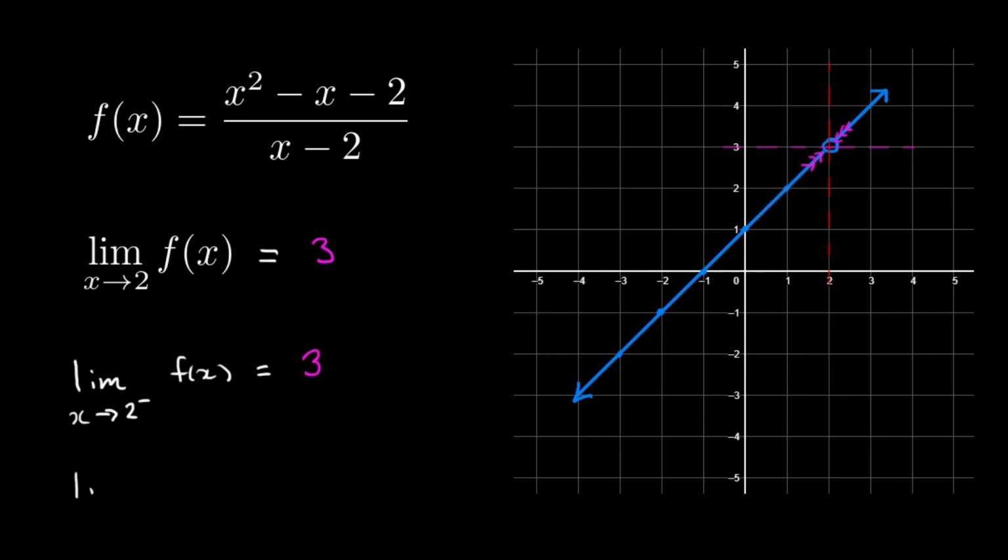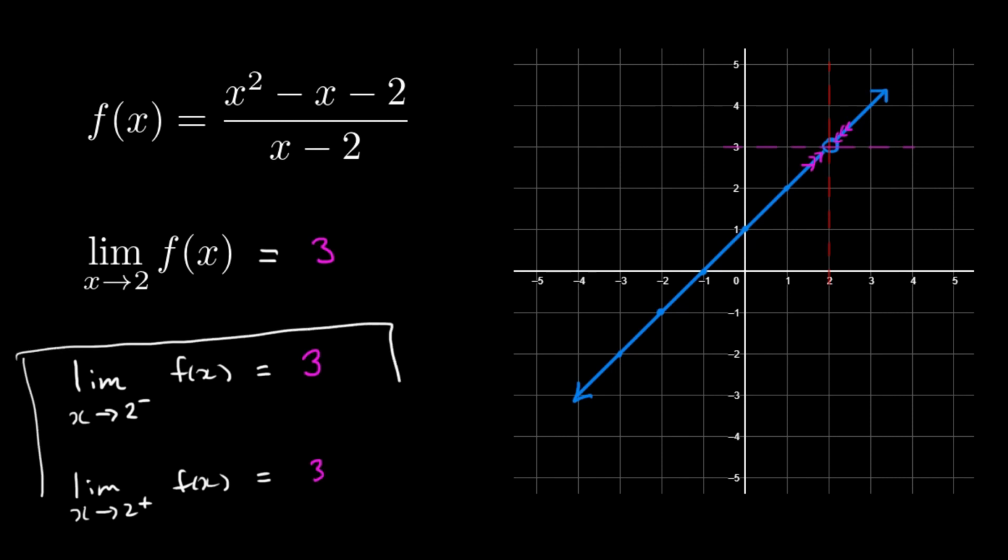And again, if x approaches 2 from the right-hand side, the limit of this function is also 3, from, I guess, getting closer and closer from above. So considering both of these so-called one-sided limits, and the fact that they're both equal to each other, and they both are equal to the real number 3, we can say the two-sided limit, or the limit as x approaches 2 of this function, is equal to 3.